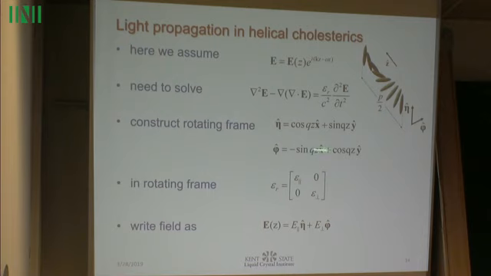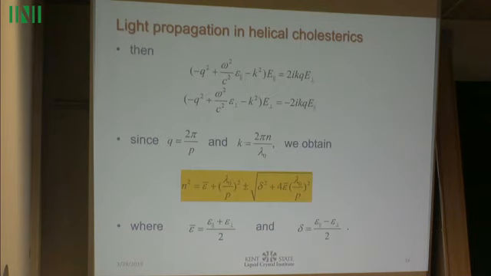And so we have to solve the usual wave equation. But in this rotating frame, it turns out that the dielectric tensor is really simple. We just have these 2 scalar values in these 2 positions, and that's all there is. It's convenient to write the field as just two scalars indicating the magnitude of the field component along the director and perpendicular to the director. Then you put this into the wave equation that I just showed you, and we get these 2 coupled equations here.